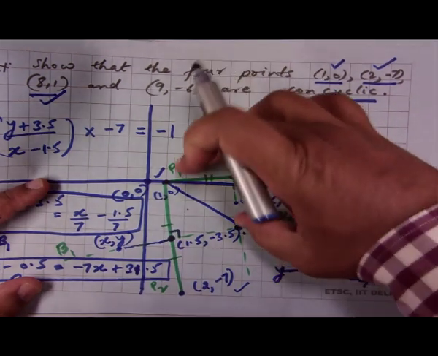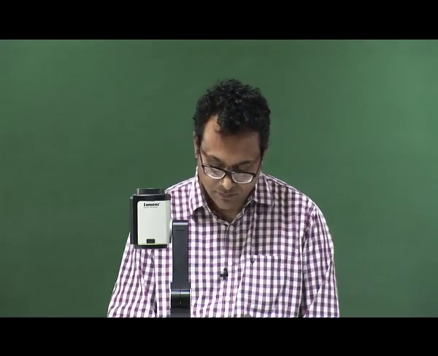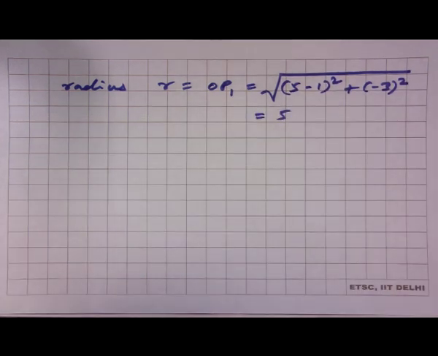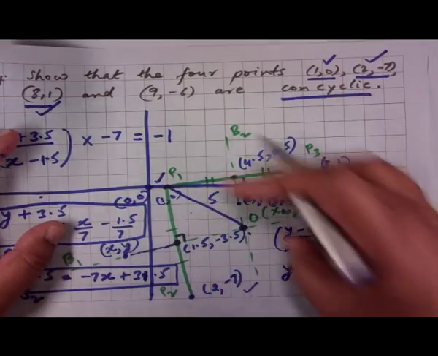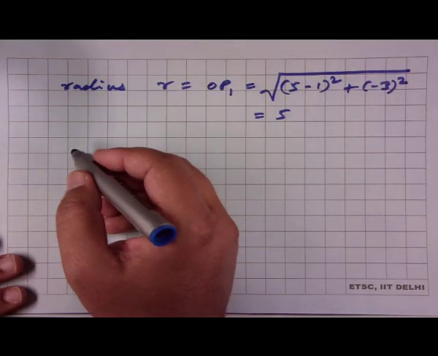It will be this distance. So, the radius r is, that comes out to be 5 units, and then it is very easy to write the equation of the circle.